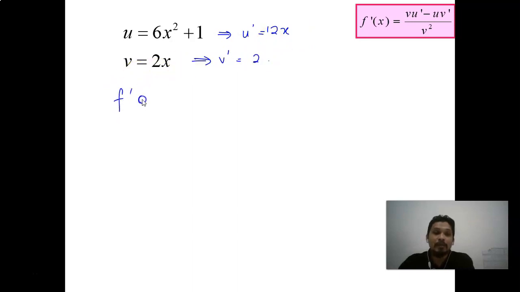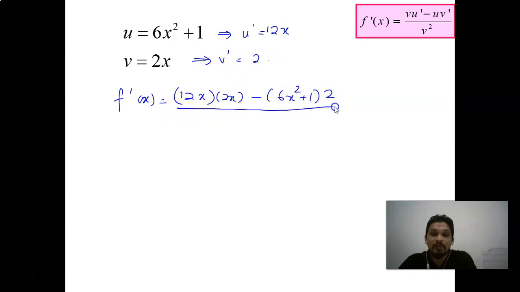So f prime x equals u prime, which is 12x, times v, which is 2x, minus u, which is 6x squared plus 1, times v prime, which is 2, and everything divided by v squared, which is (2x) squared.